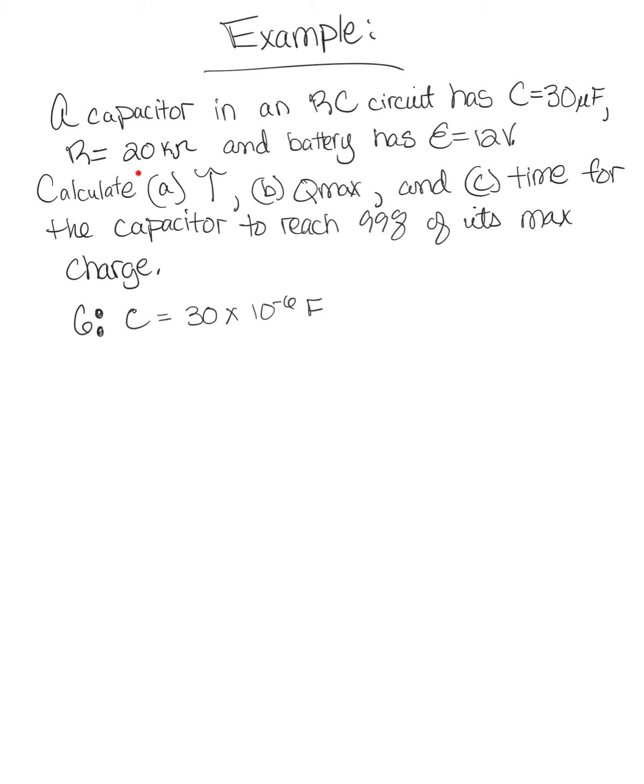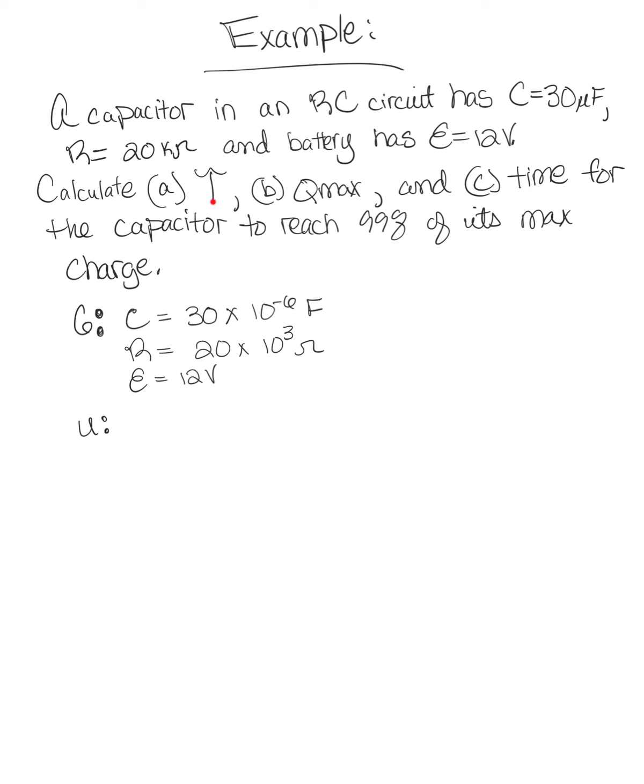Then we see that we have a resistance of 20 kiloohms. Now kilo is 10 to the 3 ohms. And then we see that our battery has an EMF of 12 volts. Now the next part of the GUESS method is U, and that's our unknowns.